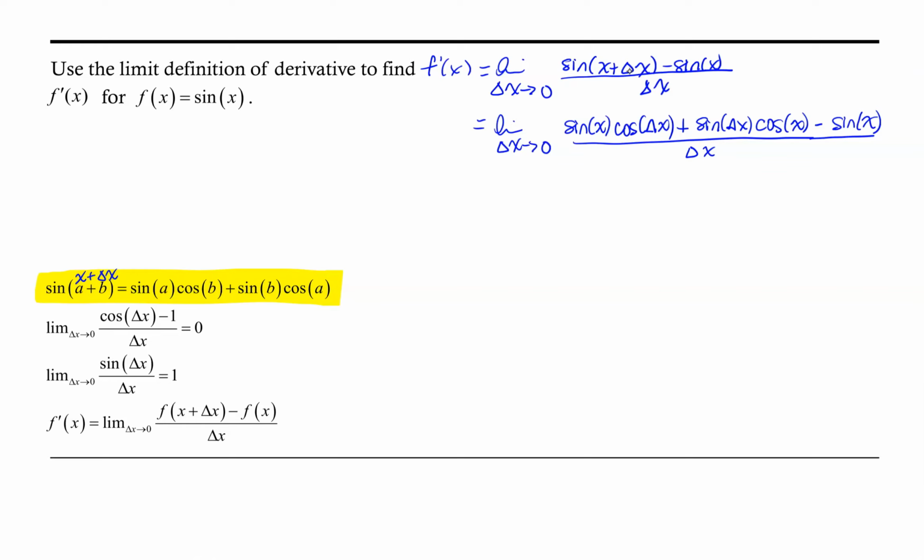So now we try to simplify the numerator a little bit. We note that there are two terms that have a sine of x in them, so we will group those together and factor. As I factor, I'm going to remember that this last term, this minus sine of x, is really sine of x times minus 1 when I factor that.